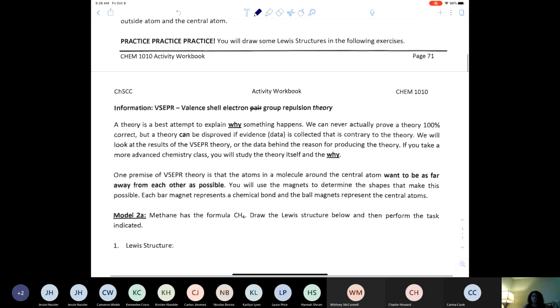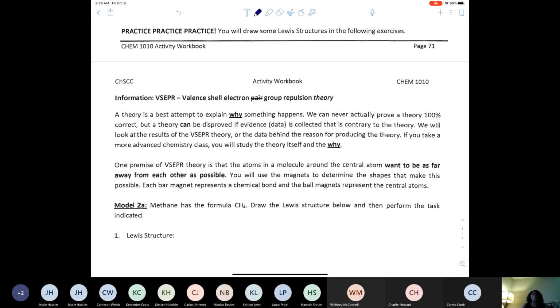And so in addition to drawing Lewis structures today, once we've drawn the Lewis structure, then we're going to focus in on that central atom of our Lewis structures.